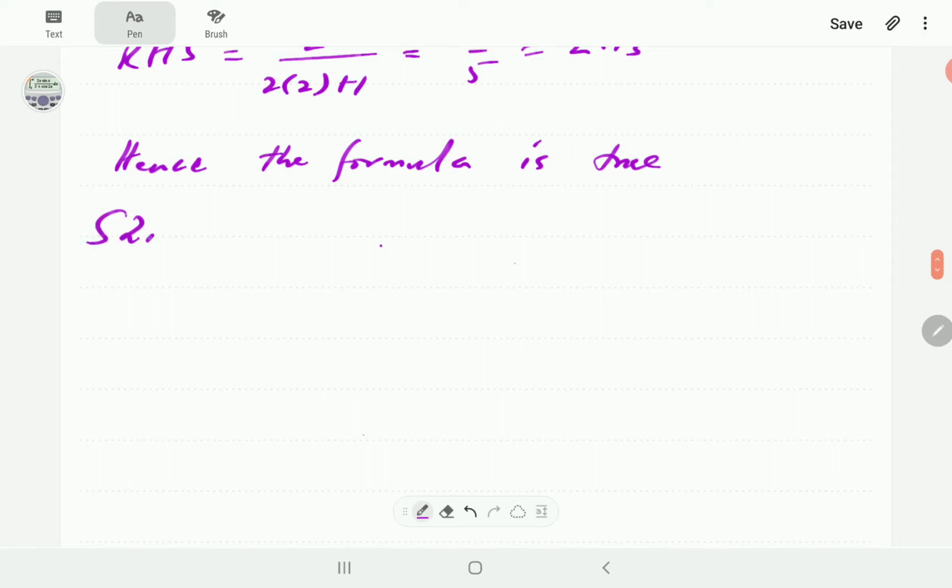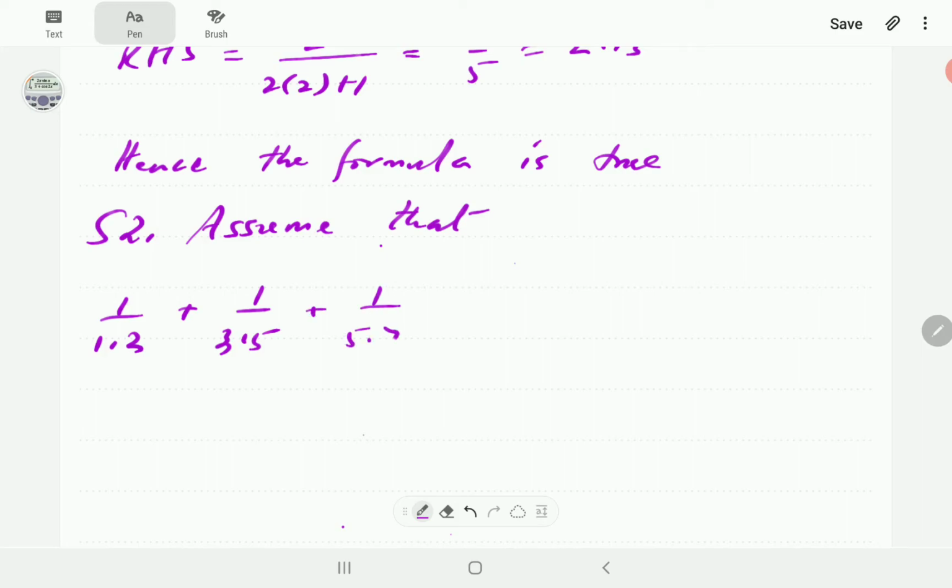Step 2, we are going to assume that 1 over 1 times 3, plus 1 over 3 times 5, plus 1 over 5 times 7, and so on, plus 1 over (2n minus 1)(2n plus 1) equals n over 2n plus 1.